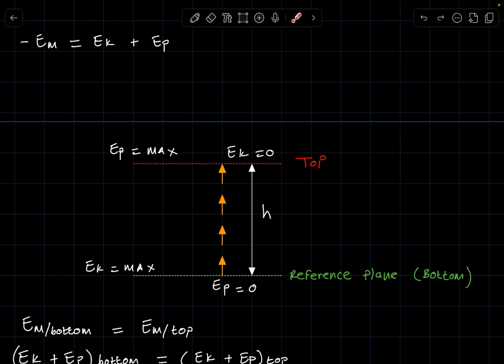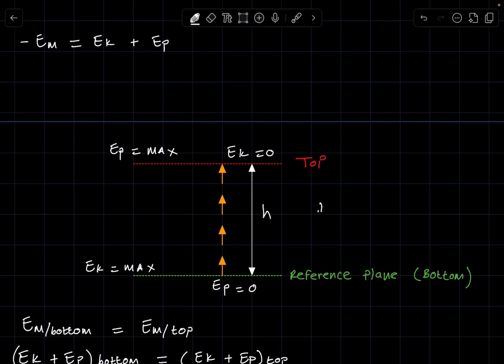Remember what the kinetic energy equals: kinetic energy is half mv squared. The mass of the object remains constant, so what really governs the kinetic energy is the velocity. Because the velocity at the bottom is at its maximum, the kinetic energy at the bottom is also at its maximum. So at the bottom, the potential energy is equal to 0 and the kinetic energy is at its maximum.